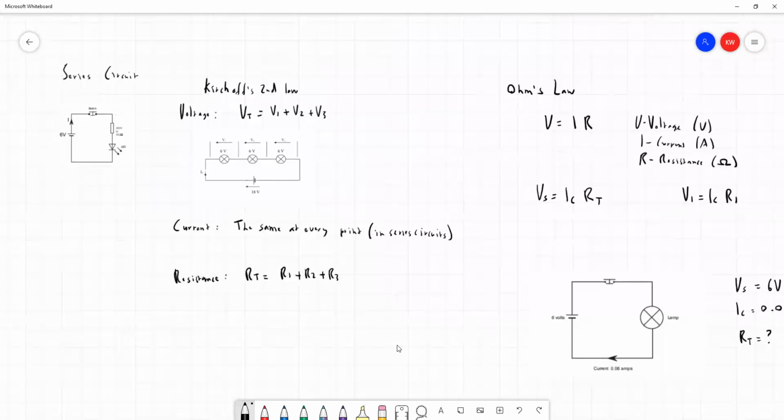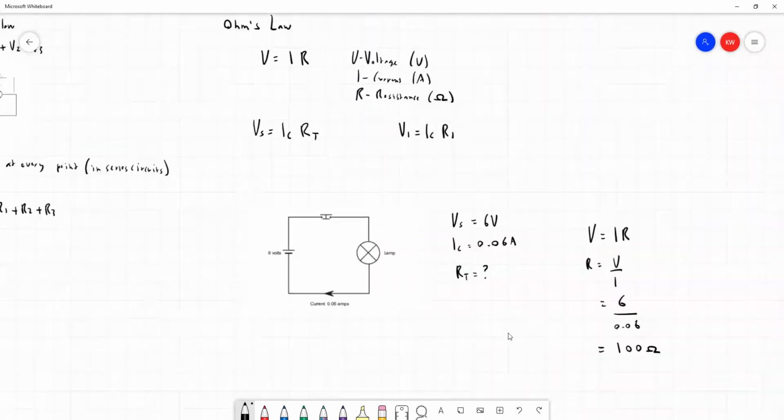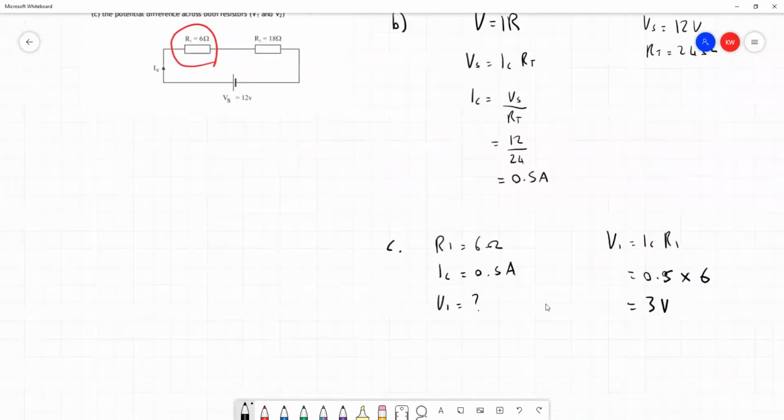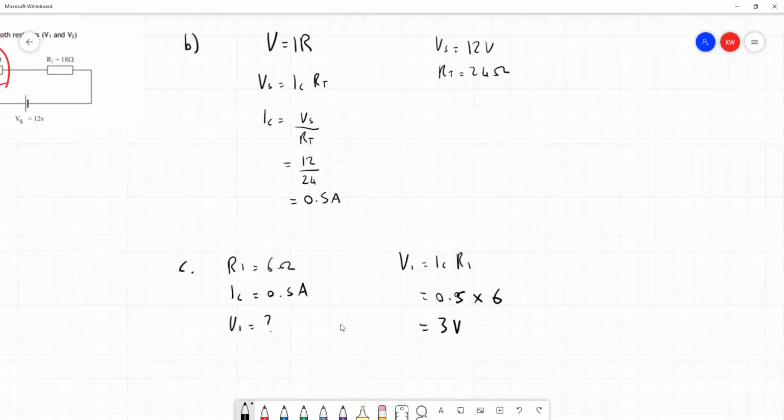The total voltage is given by the voltages of each component. The voltage being dropped across each component add up to give us the total voltage. Well, in our circuit here, we have two components. So what this rule, what Kirchhoff's second law, would tell us is that our total voltage is going to be equal to the voltages V1 plus V2, the voltage dropped across each resistor.